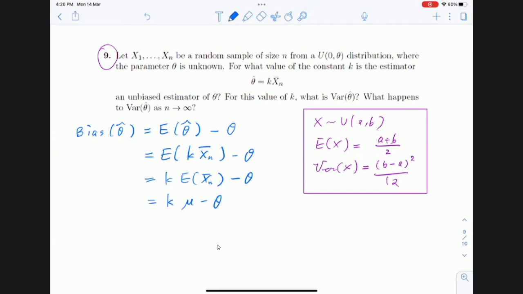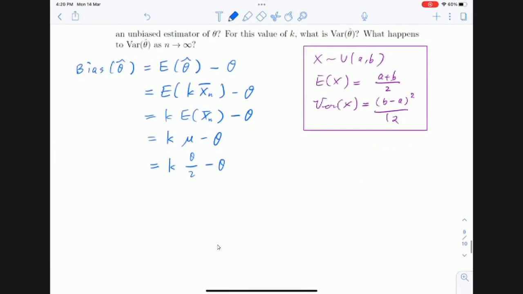And the variance is equal to (b minus a) squared divided by 12. So this is the property of a uniform distribution. So I'm making use of this: the population mean for this uniform distribution with a equal to 0, b equal to theta, is equal to half theta. So this is the bias.